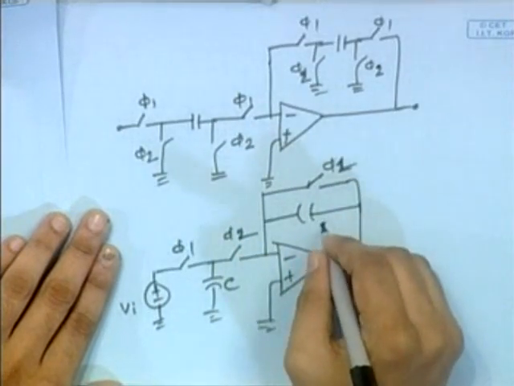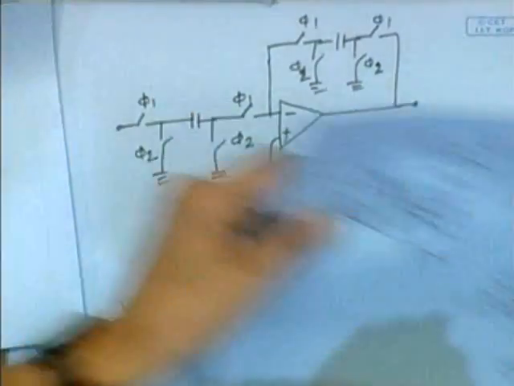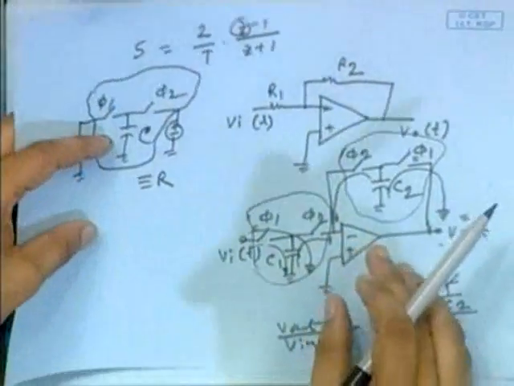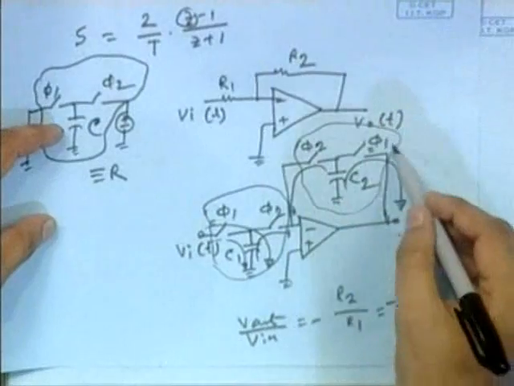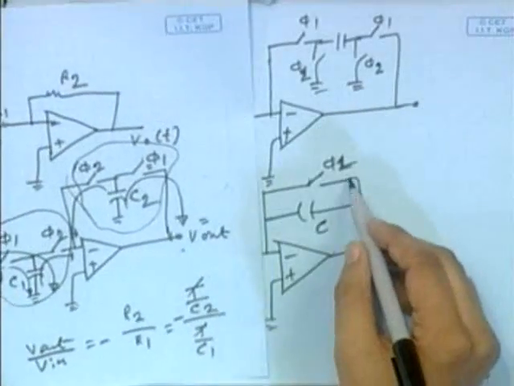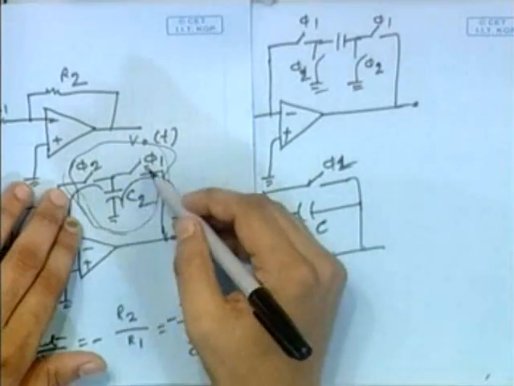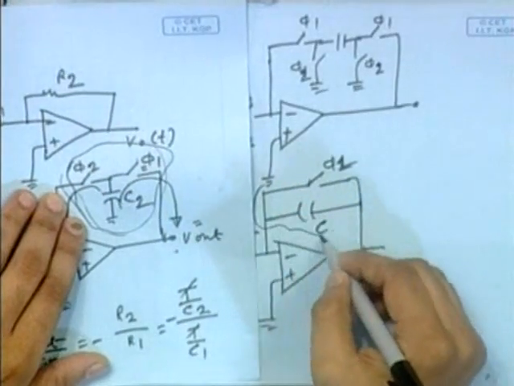Phi 1 C. Now see, in this circuit, we have replaced this circuit by this one, the whole circuit, using this simple circuit only.